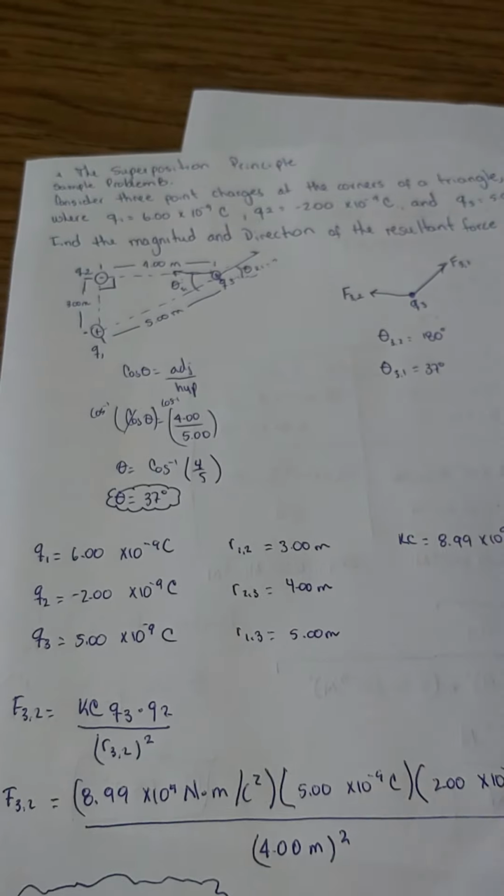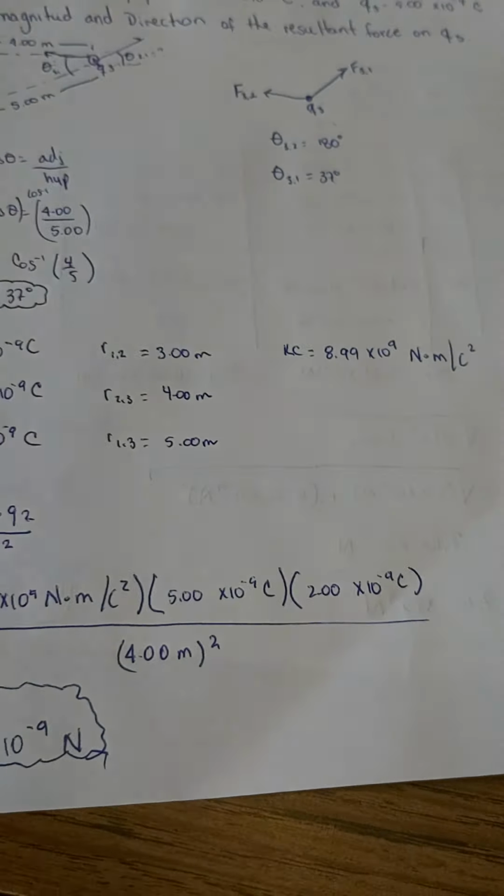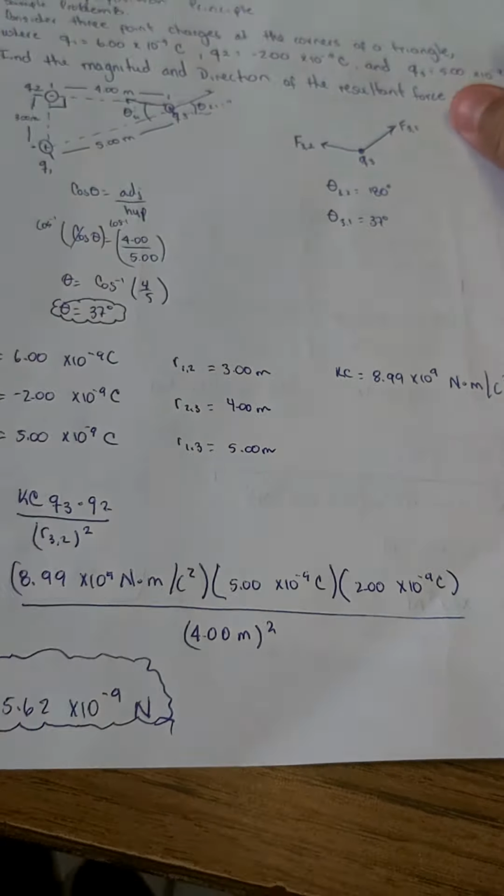So again, once you start working, don't forget that like charges repel, unlike charges attract. This is why. Positive, negative, attraction. That means the force on charge 3 will go in this direction because there is an attraction to charge 2.